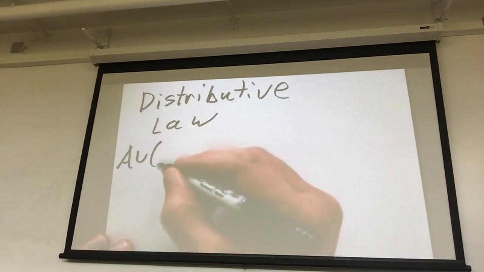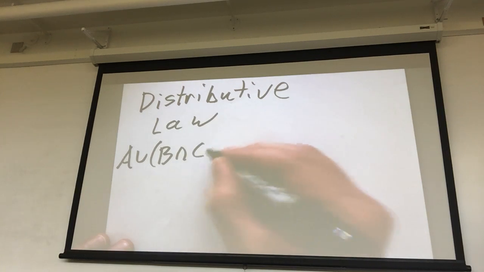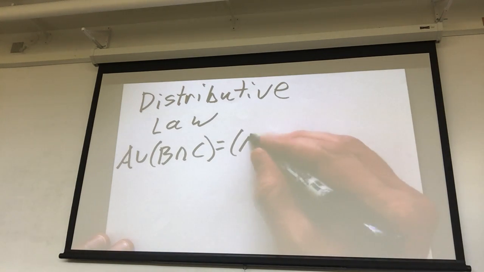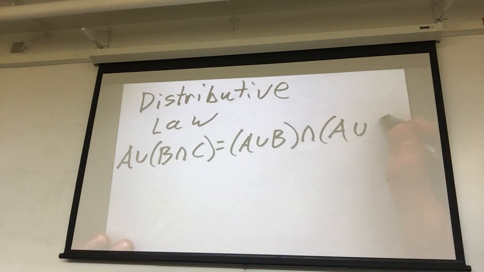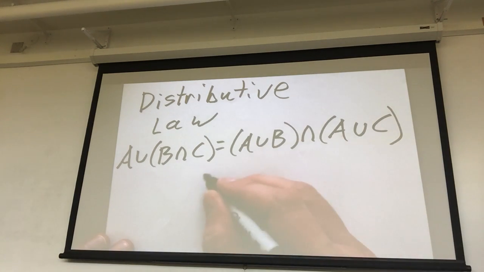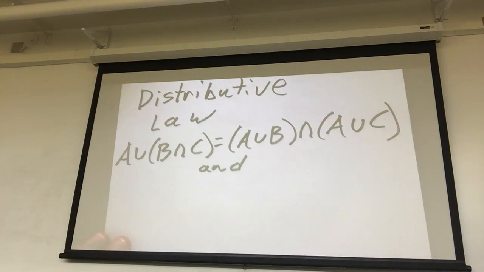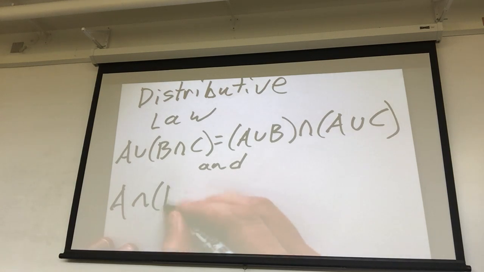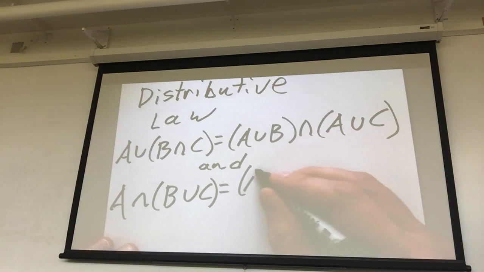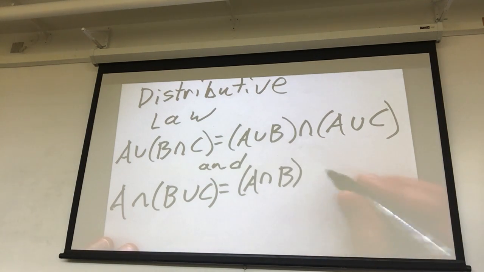A union B intersect C is equal to A union B intersect with A union C, and A intersect B union C is equal to A intersect B union A intersect C.